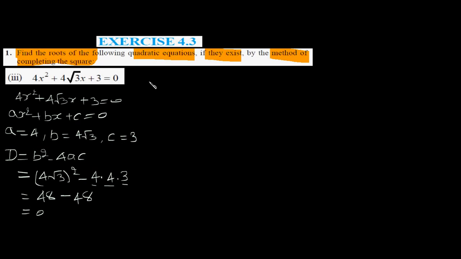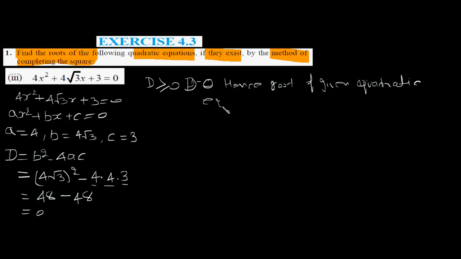Now the condition for the root to exist is that d should be greater than or equal to 0. In this case, because d is equal to 0, hence the root of the given quadratic equation exists.